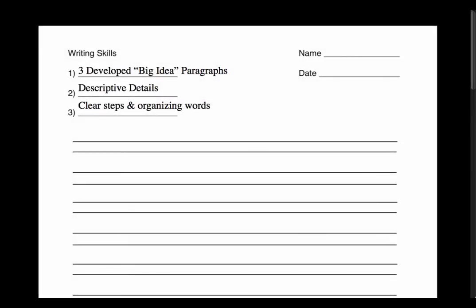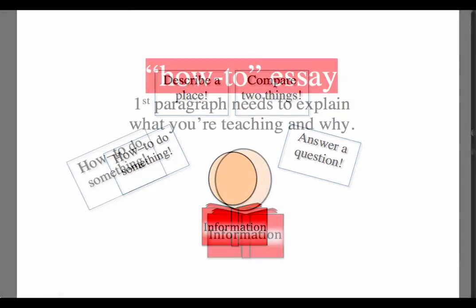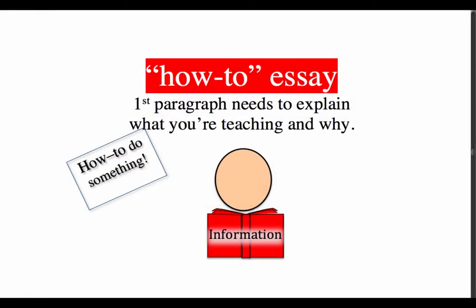Take a piece of the class writing paper, write your name and today's date. In the writing skills section, write 3 developed big idea paragraphs, descriptive details, clear steps with organizing words. We are writing a how-to essay. We'll still use an informational prompt, but the goal of the opening paragraph changes a little.